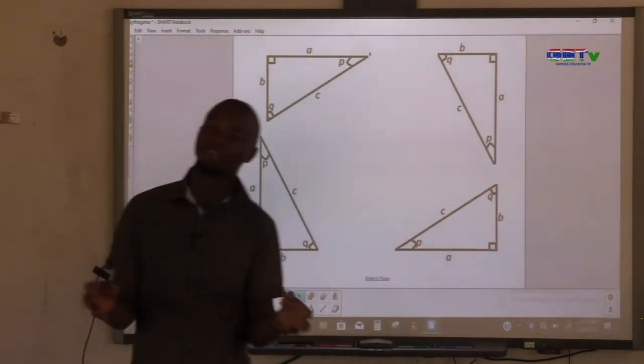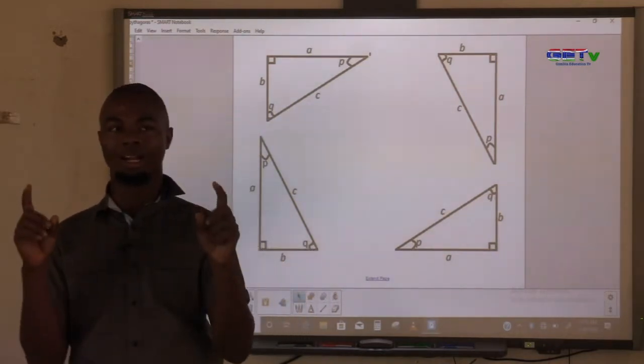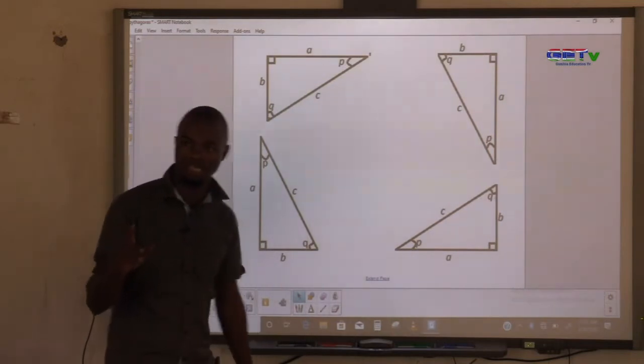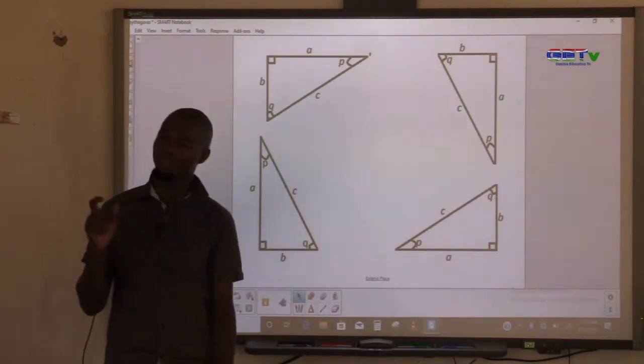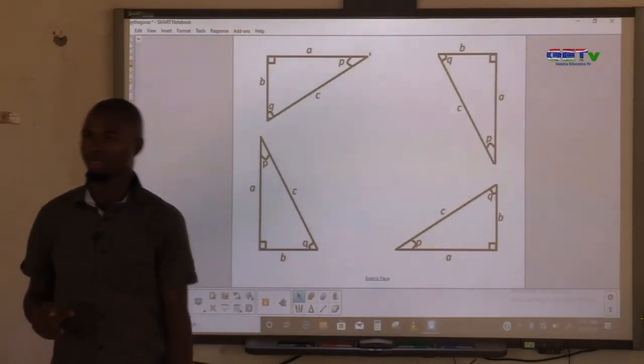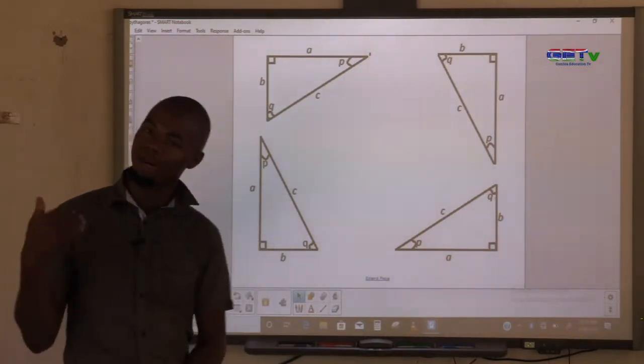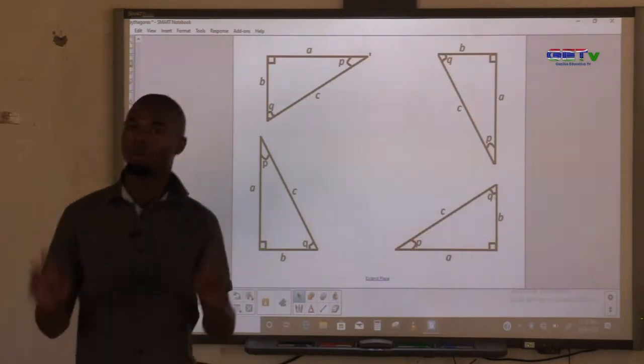This means these 4 triangles are exactly the same. We call them congruent triangles: the same distances, the same angles.